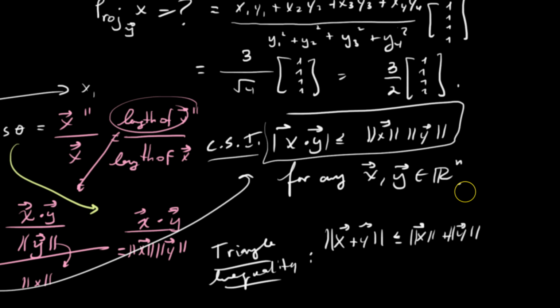I'm sure you could prove this, but it's just another fact. So this is the Cauchy-Schwarz inequality, and this is the triangle inequality. I think that covers everything in dot product that you need to know. We have the projections, we have the famous inequalities that we get from it, and we have the generalized case. So I think that's it. Thank you for watching, and I'll see you later.